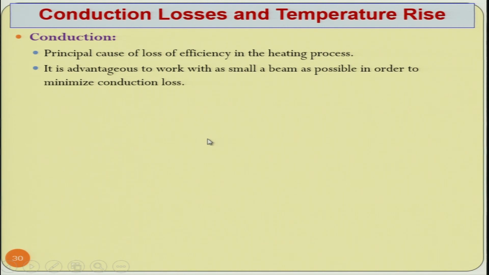It is advantageous to work with as small a beam as possible. Small means the diameter of the beam should be as small as possible in order to minimize conduction losses. So, for minimizing the conduction losses, the beam diameter selected should be small enough.